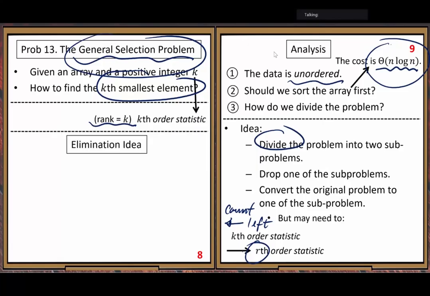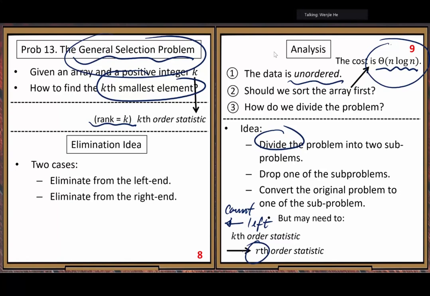So that is the elimination idea, with two cases. First, eliminate from the left end. When we do some comparisons and collect enough information, we can eliminate a certain number of elements from the left end. Another case, we can do elimination from the right end.